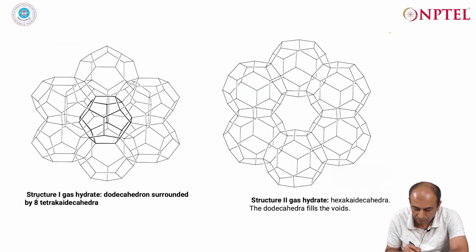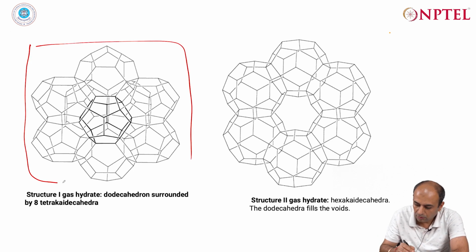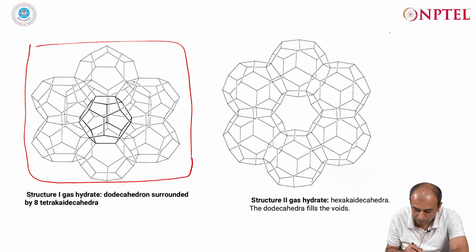So this is the structure, you can see, of the gas hydrate of the structure 1 type or the type 1, we can call it S1.